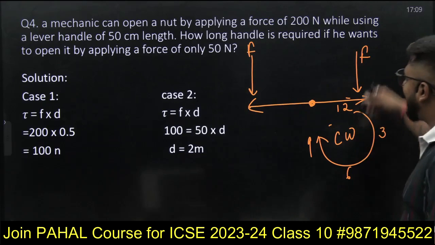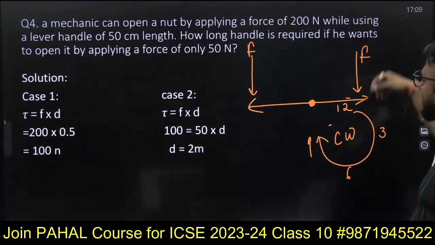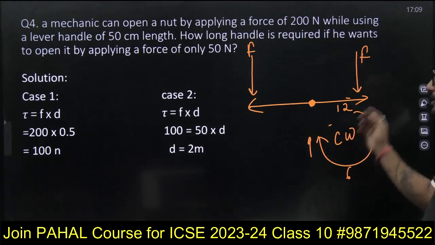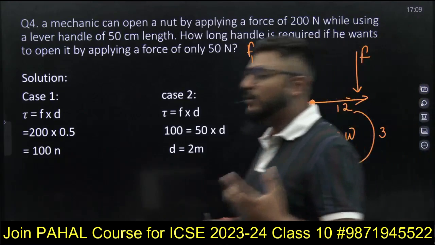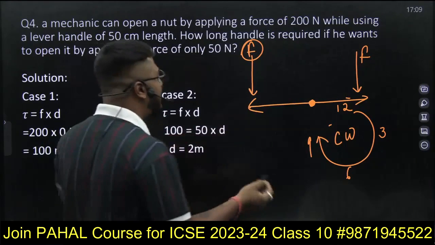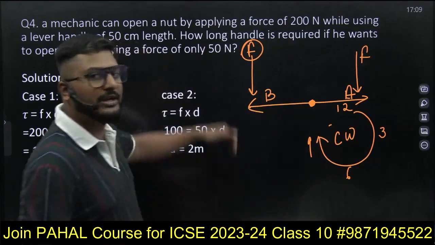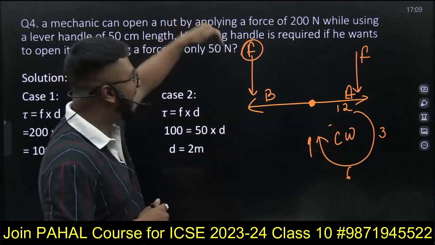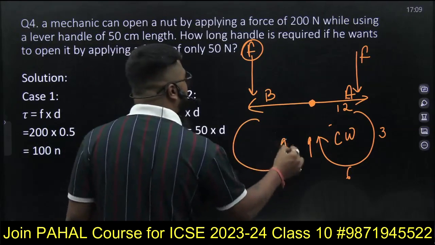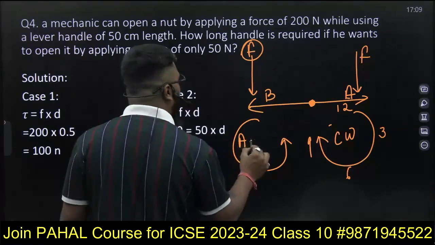So if we try to apply a force on this object which is pivoted at the center, then this object would rotate in clockwise direction. Whereas if we try to apply the force F at another point, let's say this point is A and this point is B, and we apply the force at point B, this object would rotate in this direction, which is also known as anti-clockwise direction.